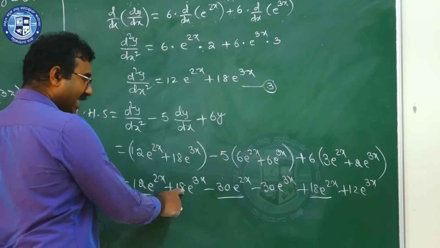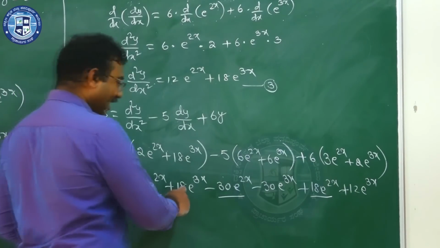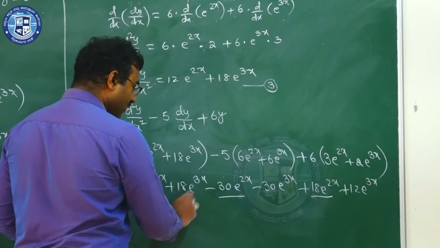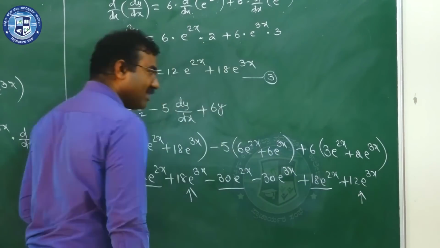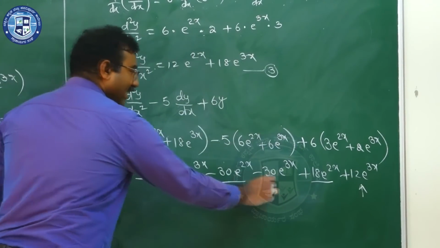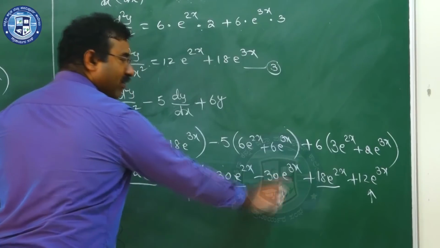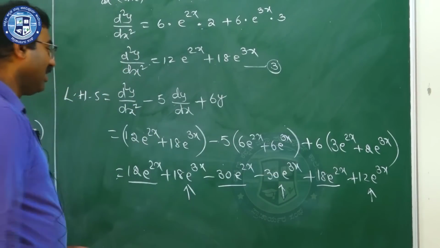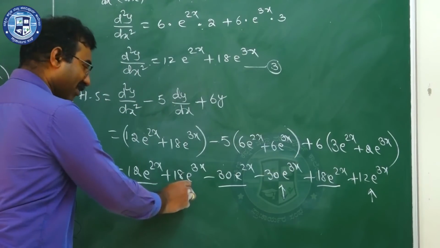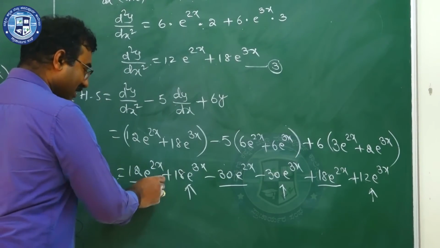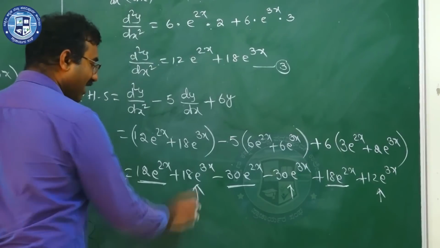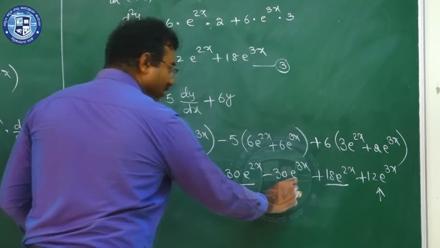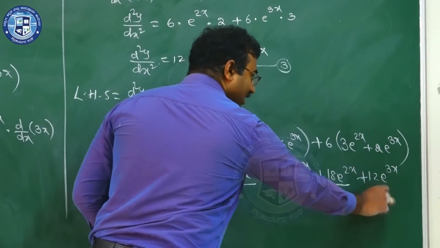Next here 18 e power 3x and 12 e power 3x together make 30 e power 3x, and here minus 30 e power 3x is there. So everything gets cancelled. Okay, for your understanding sake I kept the symbols. See, these three together cancel to 0 and these three together get cancelled and give 0.